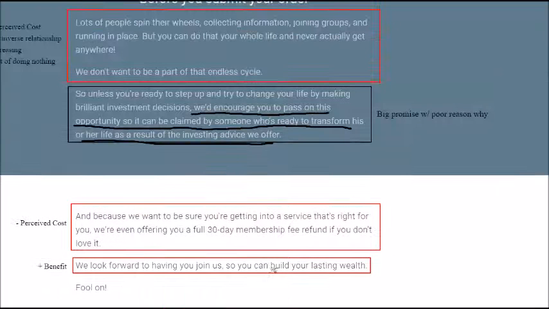By the way, you don't want to use "fee" here. They say fee refund, but by saying it's a fee, you're reminding them that they have to spend money. So just don't use words that imply work or them paying unless you have to.